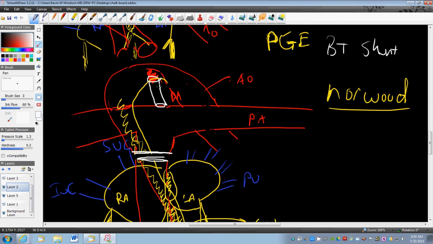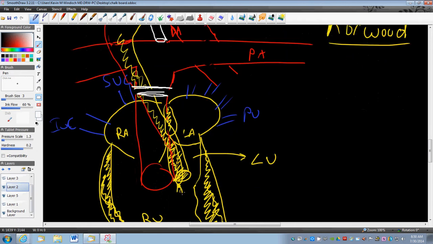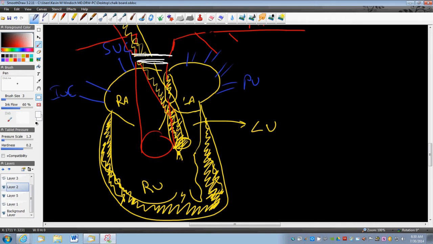What this does is give us a way to mix blood from the aorta and the pulmonary arteries, and again down here. A way to get blood across and up the aorta. We're going to use the right ventricle to do it.